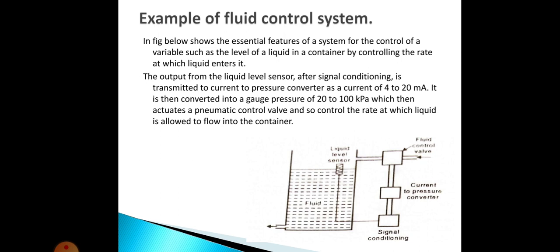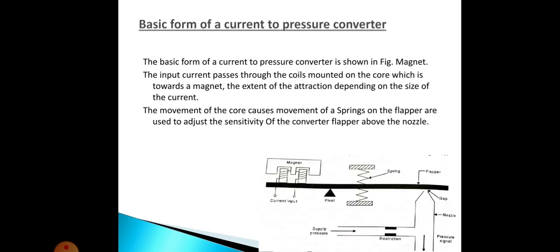The next one, the basic form of a current to pressure converter. You can see the diagram over there. In the diagram, the input current passes through the coil mounted on the core, which is towards the magnet.